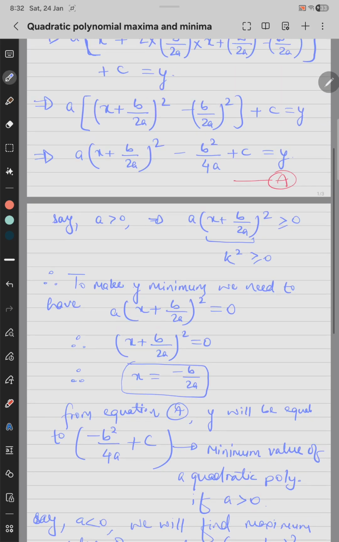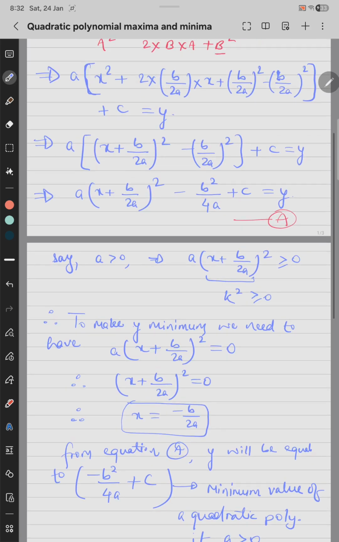Why? Because in that case, since a is less than 0 and the square term is greater than or equal to 0, minus 2 into any positive number will always be less than 0.